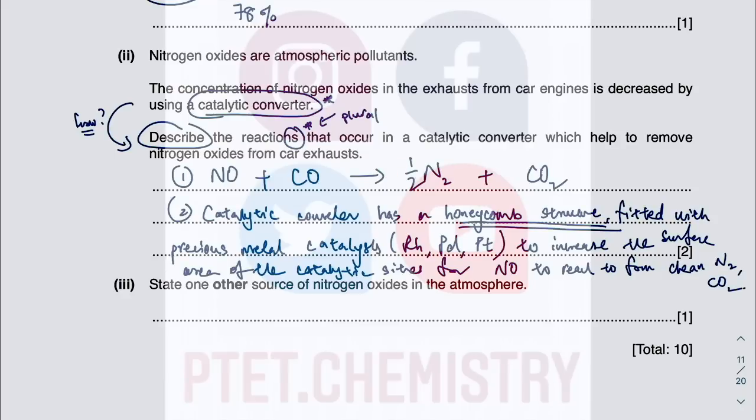What else? Yeah, that's it, really. It will be the same with NO2 as well, although I'm not going to write the equation for you. I can't write 2 equations for you, so there's just one equation there.